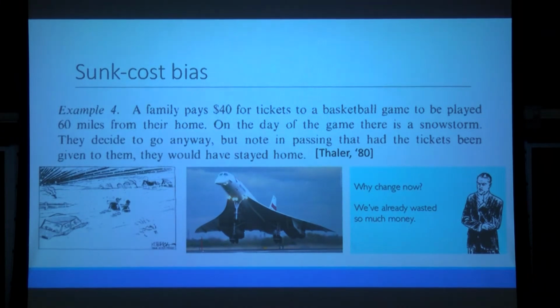This was a supersonic jet that was used from the 1970s to the early 2000s. And it was continued to be used despite the fact that it was very clear that it was no longer an economically viable means of transportation. But people didn't want to admit that. And this became such a classic example that sunk cost bias is also commonly known as the Concorde fallacy.